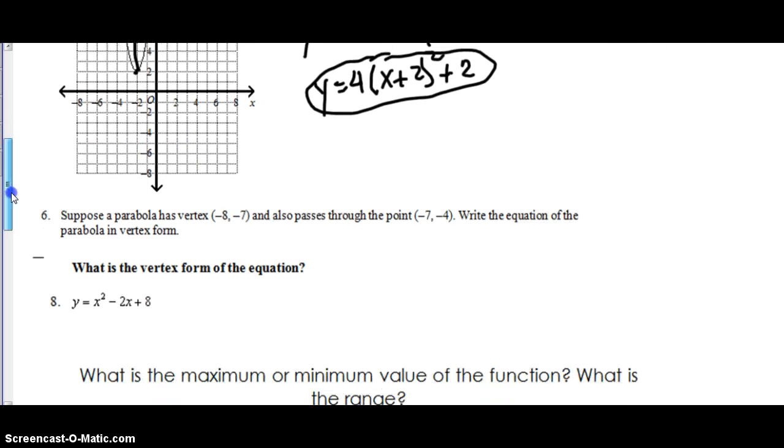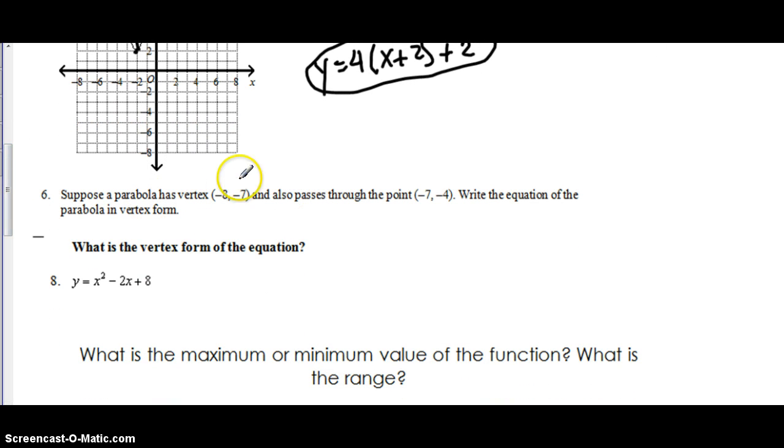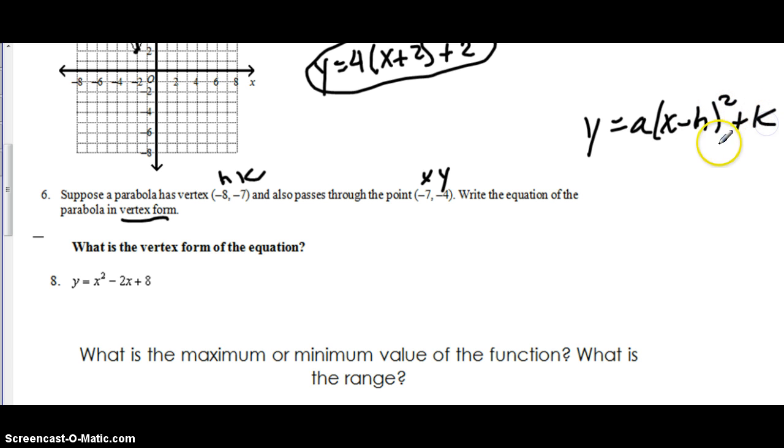Number 6. We've got a vertex, h and k, and we got a point here, x and y, that it goes through. They want us to write it in vertex form. Well, remember vertex form. We need to find a, h, and k.